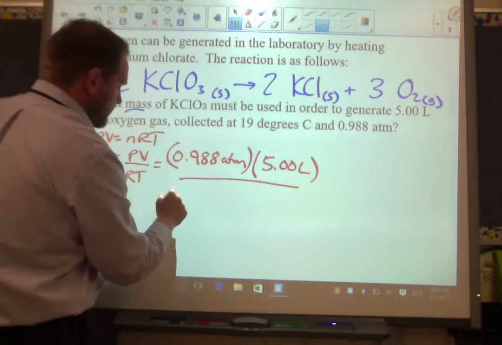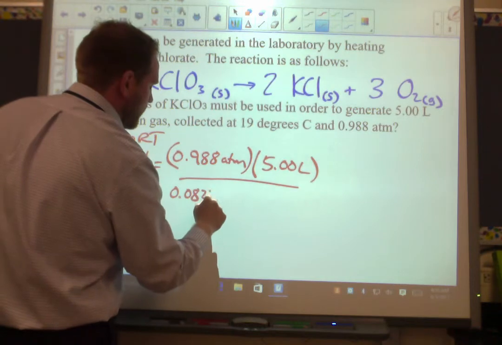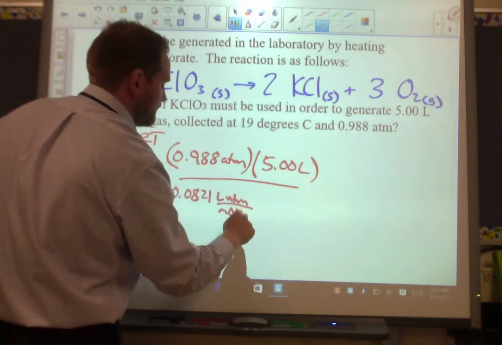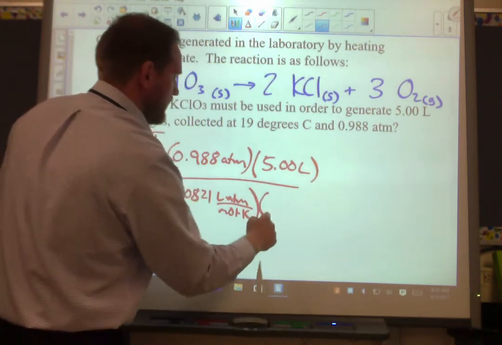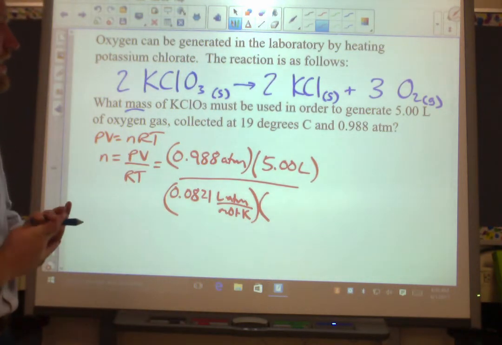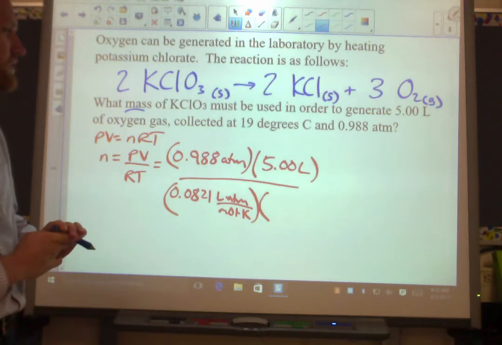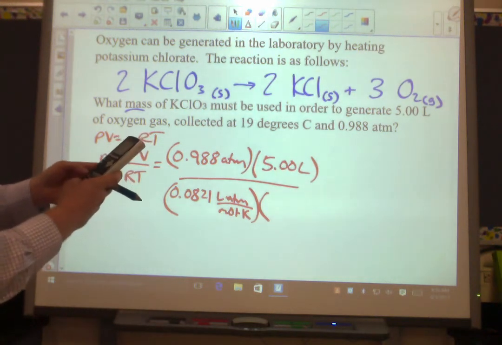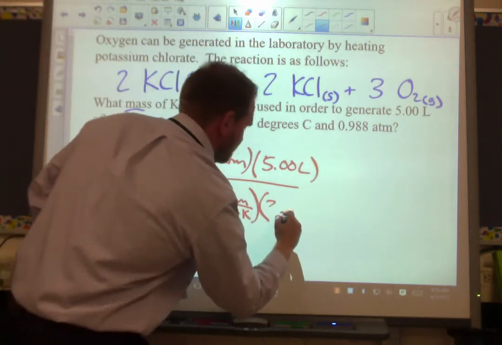Divided by R, 0.0821 liters atmospheres over moles Kelvin. And T, 19 degrees Celsius, we have to add 273 to that. So, what's that going to be? 292. Let me just check. 19 plus 273, 292.